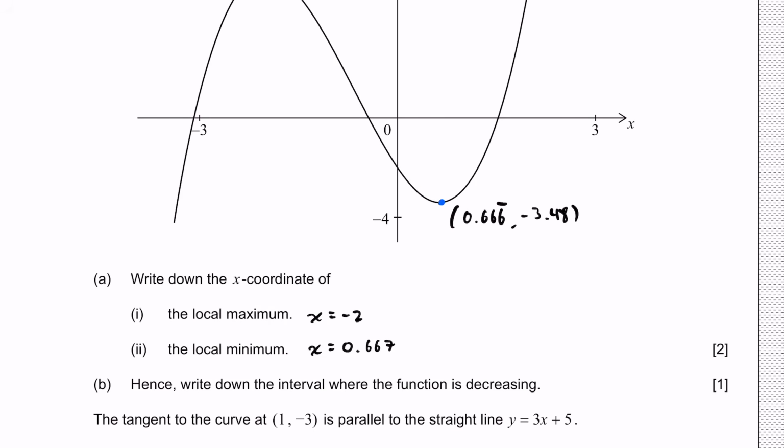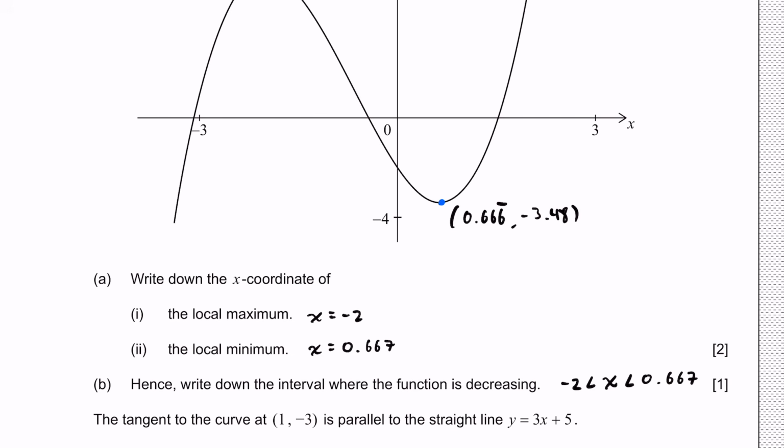Well, when x is greater than -2 and less than 0.667, I suppose, then our function is decreasing. And you might ask, hey, why not when x is greater than or equal to?